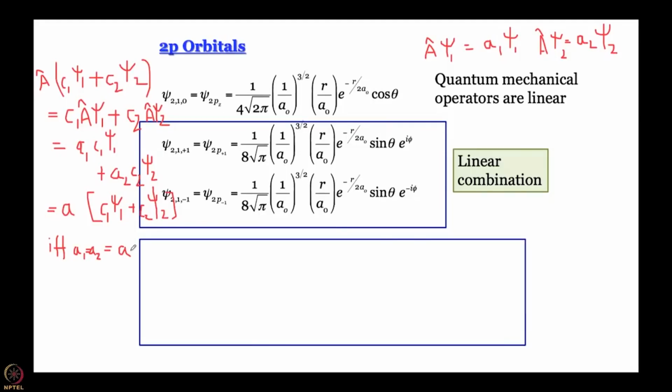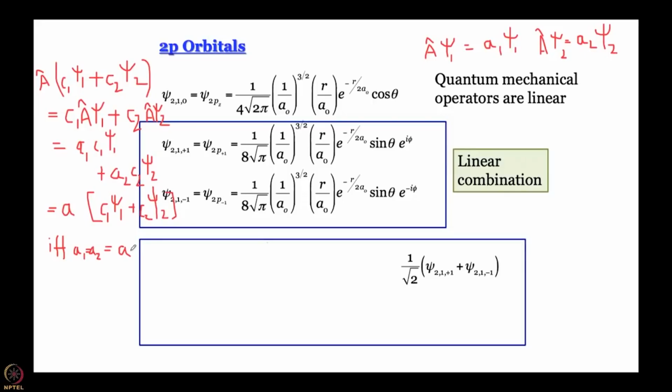Okay. Now, we know what happens when we add, say, e to the power i phi with e to the power minus i phi, it becomes real, or we subtract, right. So, we will use those relationships between trigonometric and exponential forms of imaginary numbers, and this is what we will do.